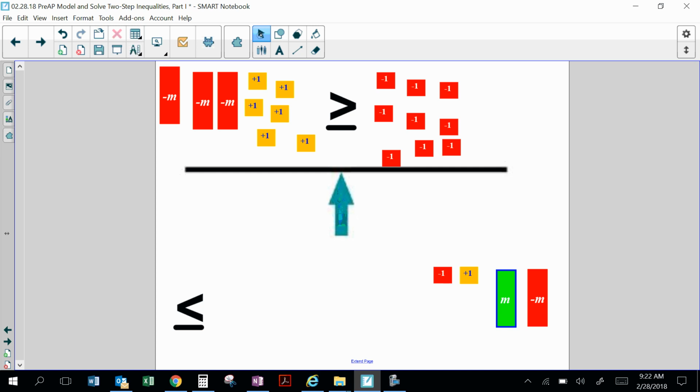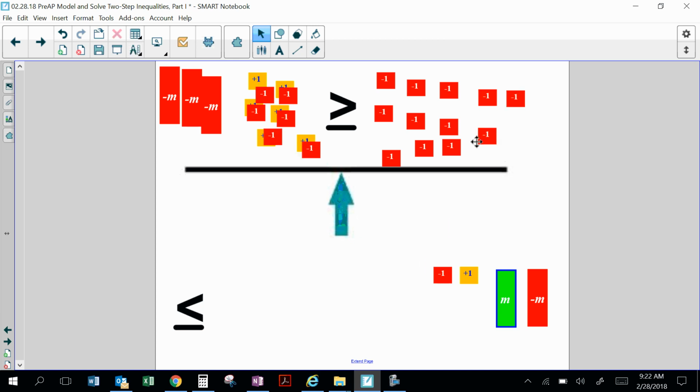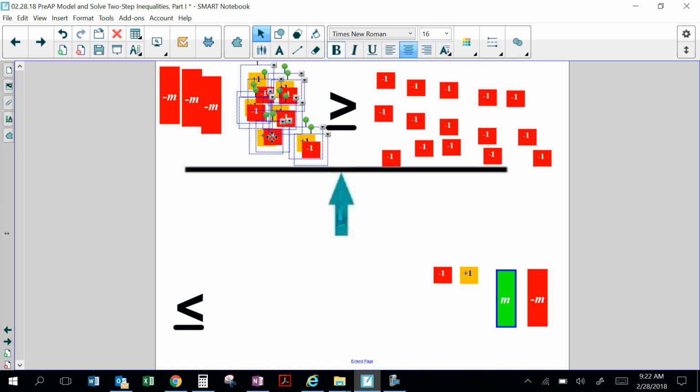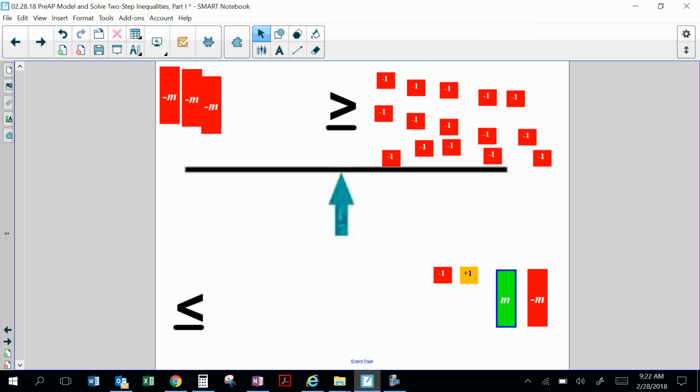Welcome back. So in this one, did you take out... are the m's isolated? No, I need to take out 6 negatives to get rid of these constants or units. So I do it on both sides. All of this becomes 0 pairs. Delete.